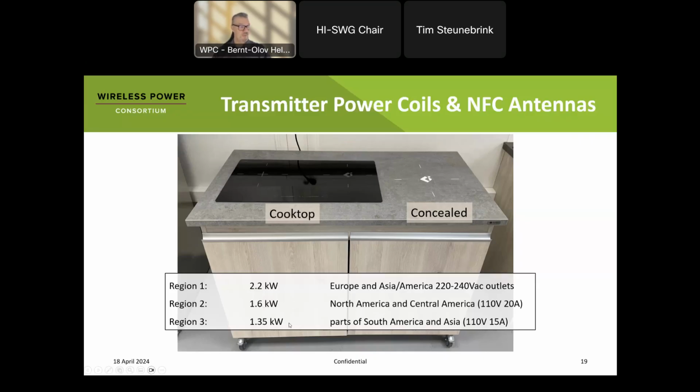Region 3 is where we have 110 volt and 15 amps, therefore a limit of 1.35 kilowatts. These are just what is possible to get in these regions. I mean, Ki will work anyway. It just depends how fast it goes. It depends on how much energy is given.